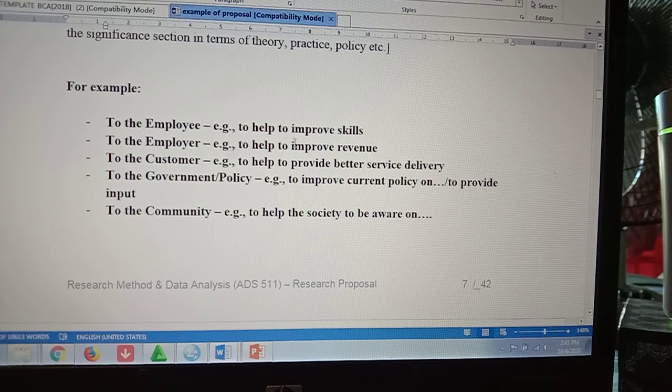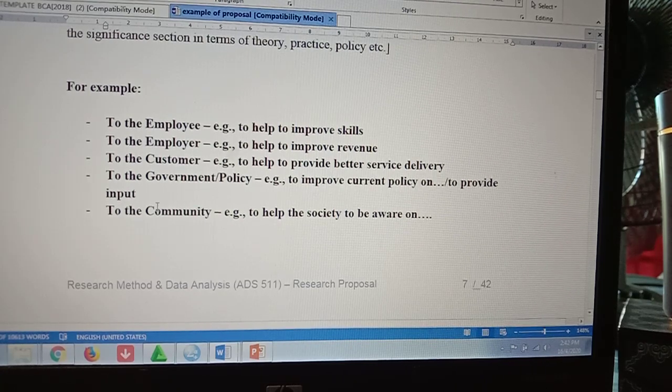To the employer, we believe that our study can help employers to improve when technology has been adopted in their company. To the customer, our study believes that once the employee is able to perform with the adoption of technology, they can deliver good service to the customer.